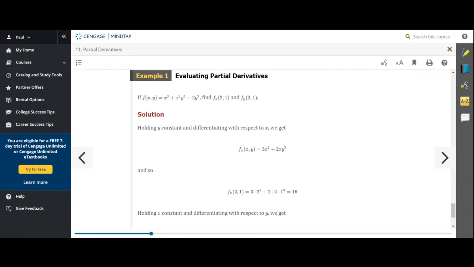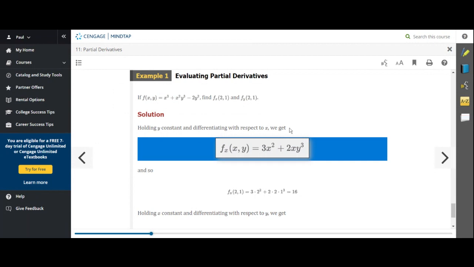You want to evaluate the partial derivative of the function with respect to x at (2, 1), and then the partial derivative of f with respect to y at (2, 1).